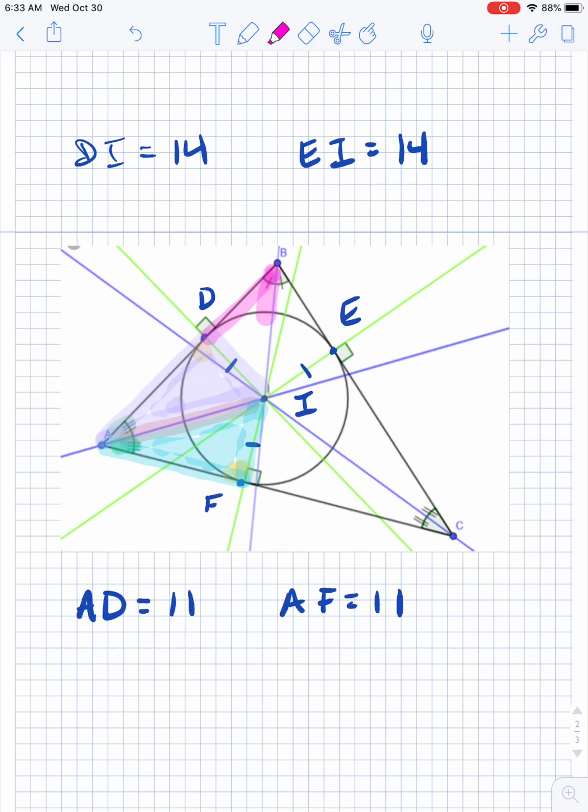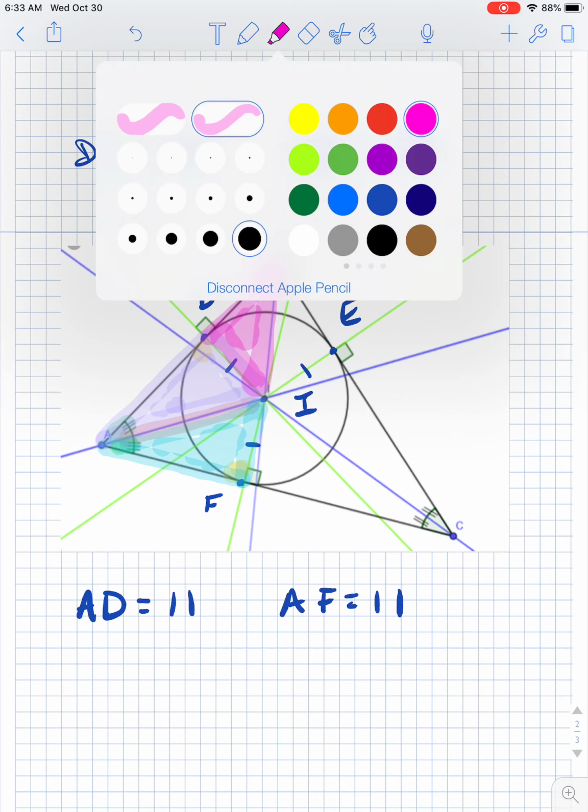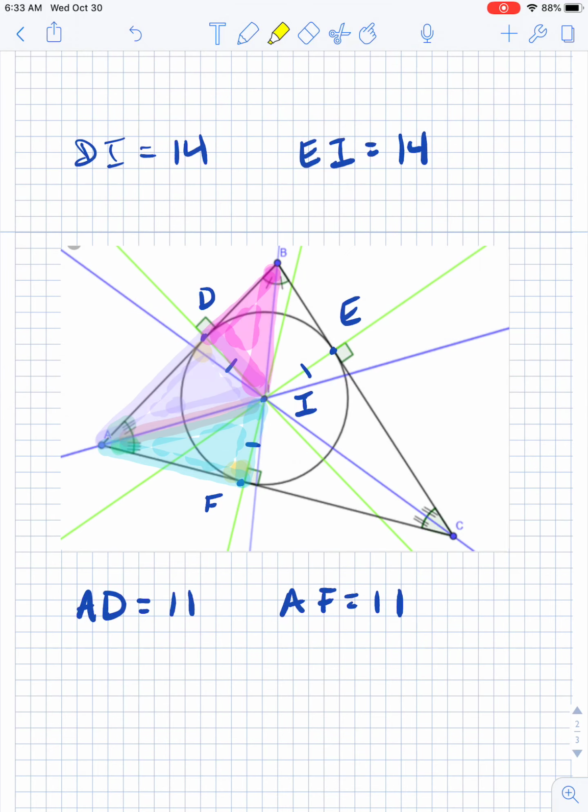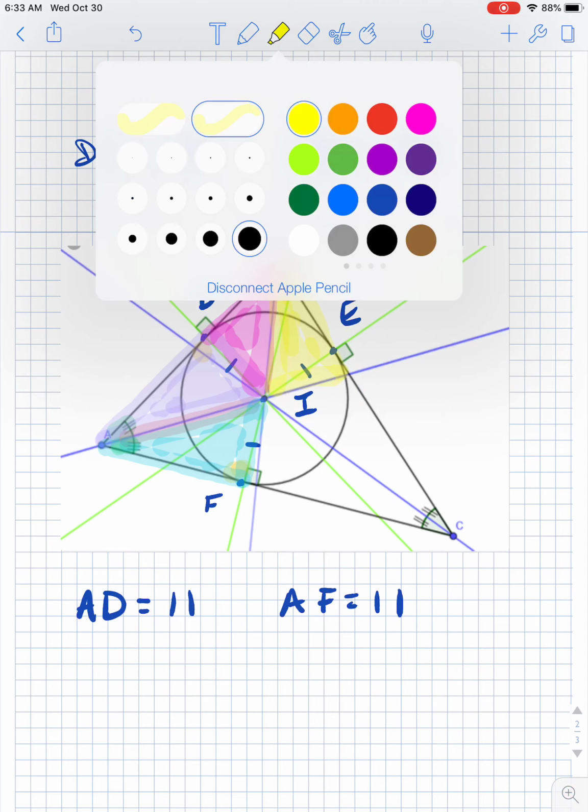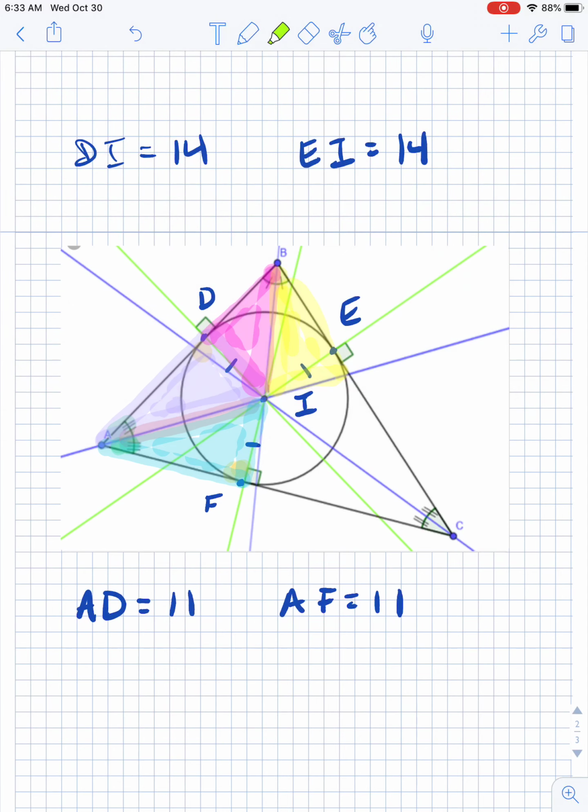This pink triangle is congruent to this yellow triangle over here. And this green triangle is congruent to this orange triangle over here. Okay.